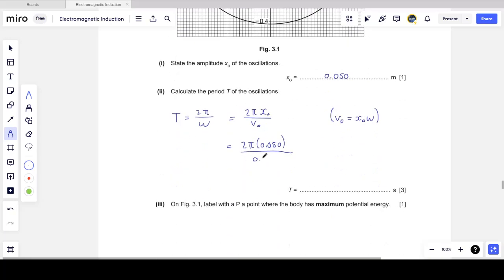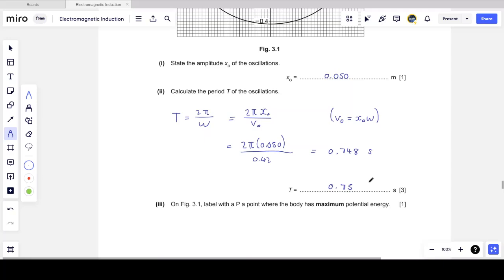And so this is 0.42. And what I get for my period would be 0.748 seconds, which to two significant figures is 0.75.